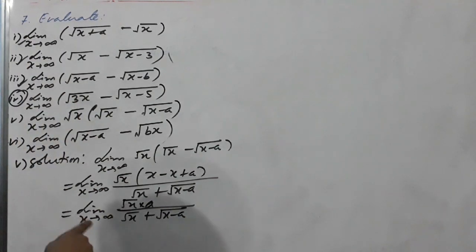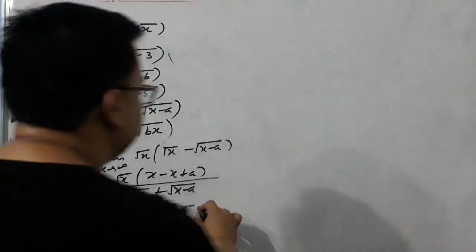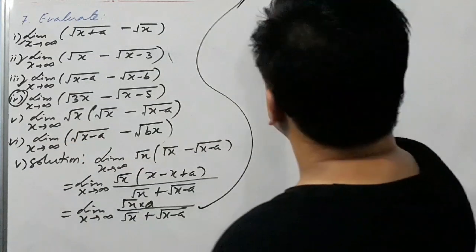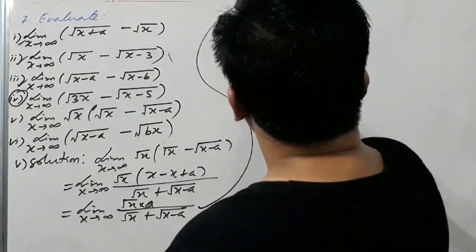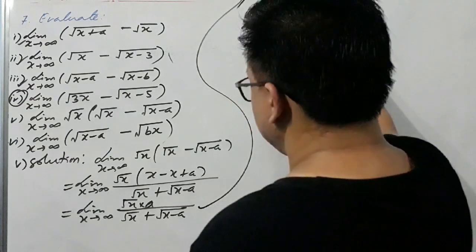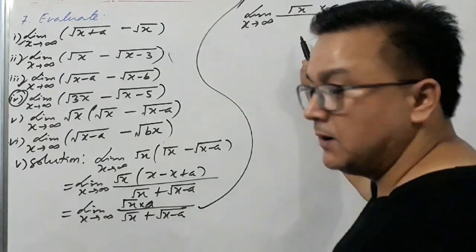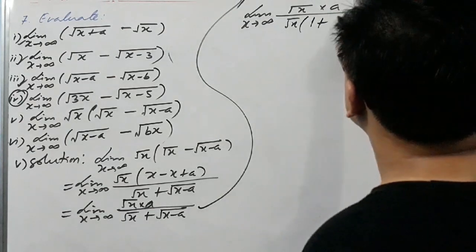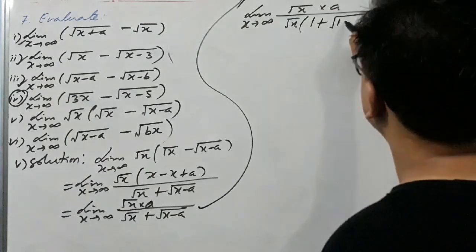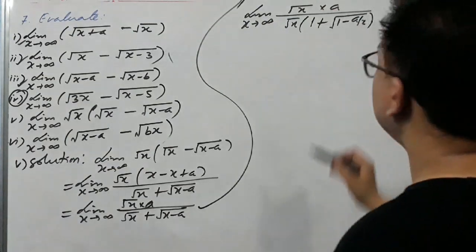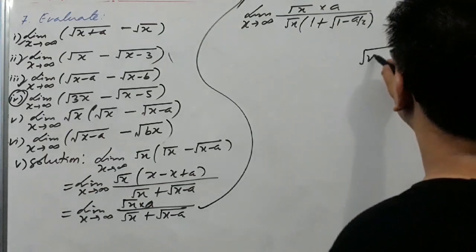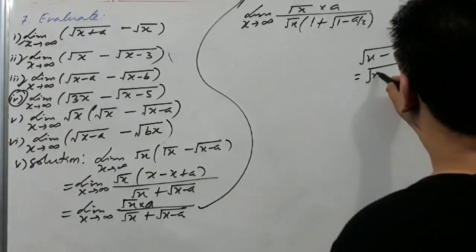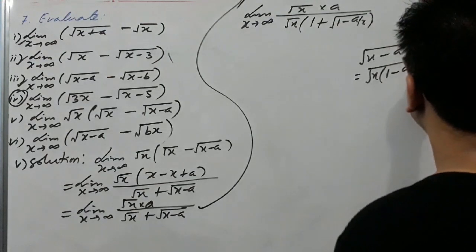Still this is an indeterminate form because it is infinity upon infinity. Now take root x common in numerator and denominator. So the limit as x tends to infinity of root x times a over root x times 1 plus root 1 minus a upon x, because x minus a means x times 1 minus a upon x.